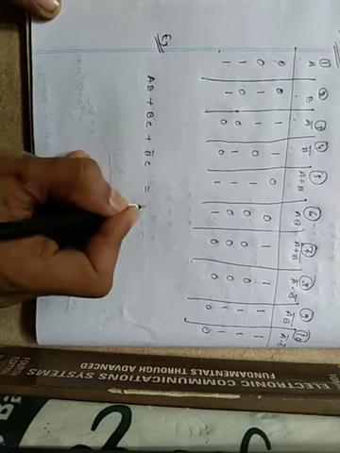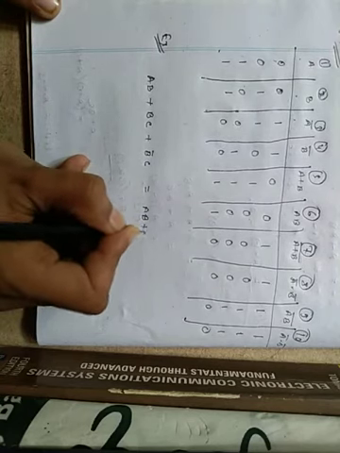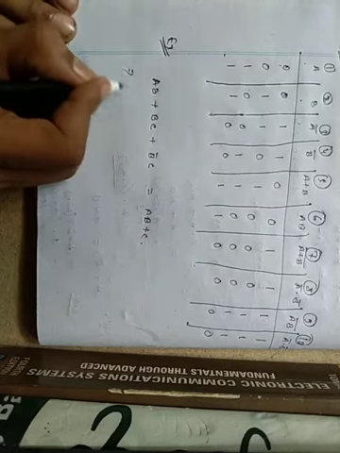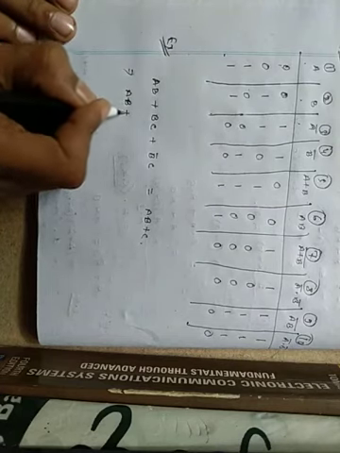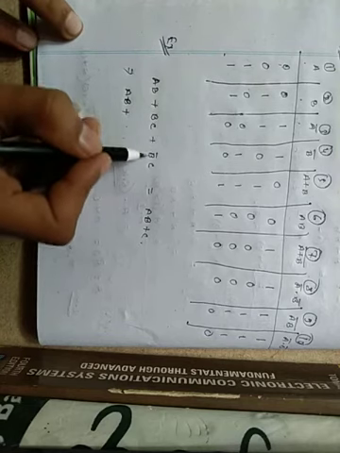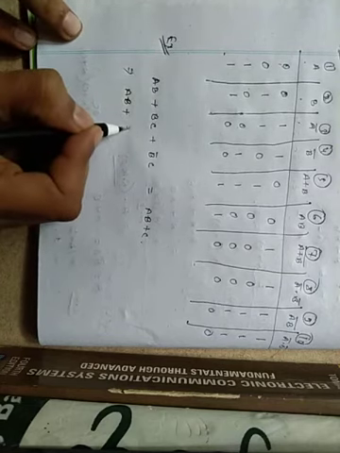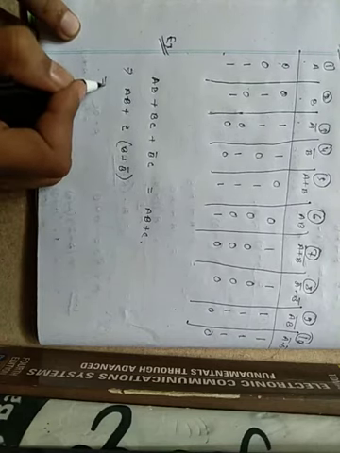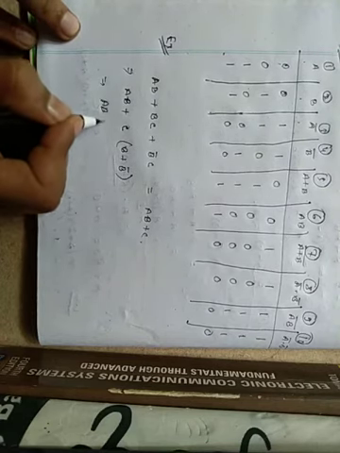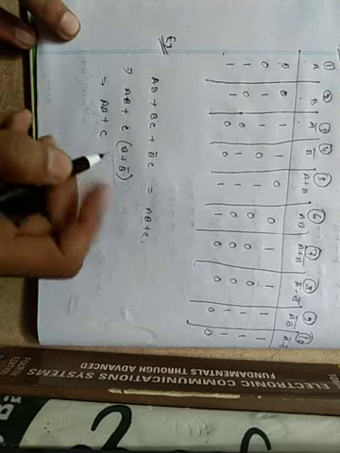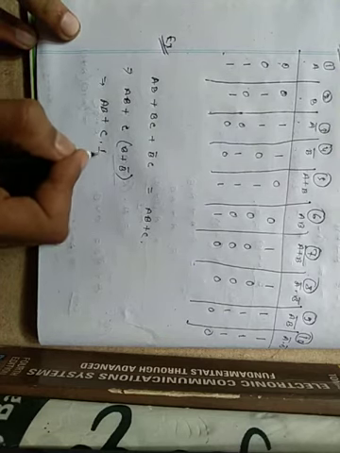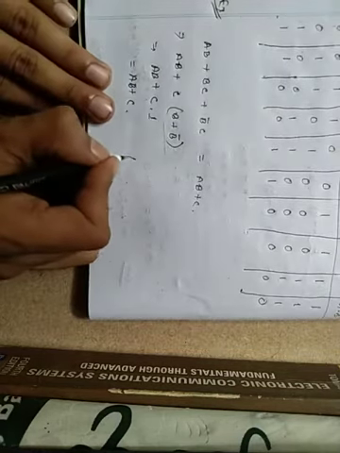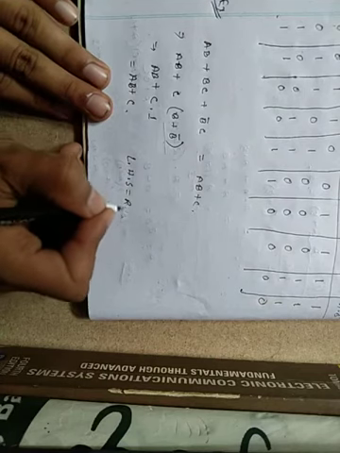We also prove AB + C. So C is a common factor, so take C common: AB + C(B + B'). B + B' equals 1, so C into 1. So AB + C, the left hand side equals the right hand side.